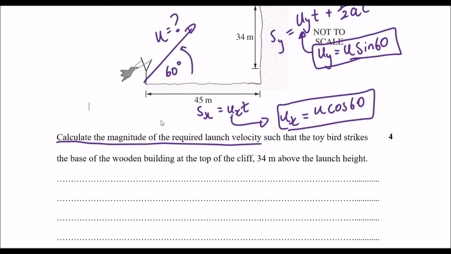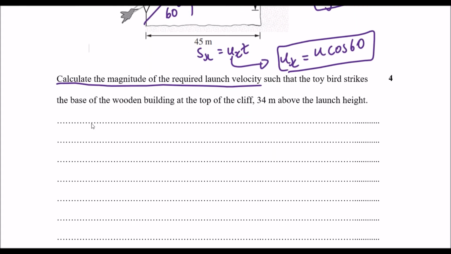and then we can go from there. Okay. So what we're going to do, Sx equals Uxt, we are going to substitute Ux equals U cos 60 into this equation, and we're going to substitute our displacement in. So we get this expression, 45 meters equals U cos 60 t.